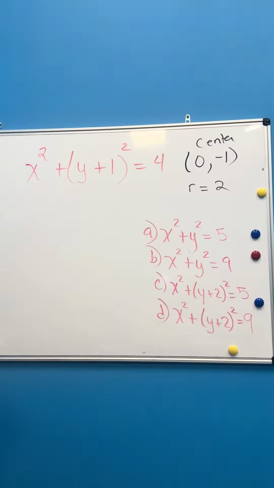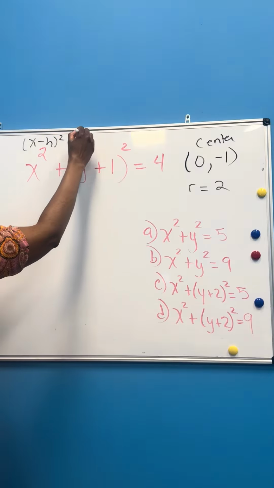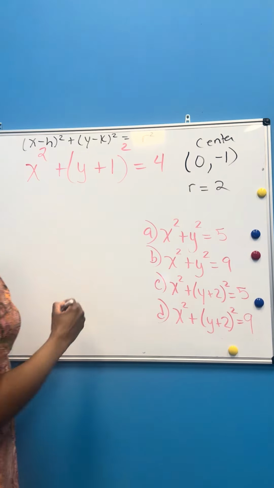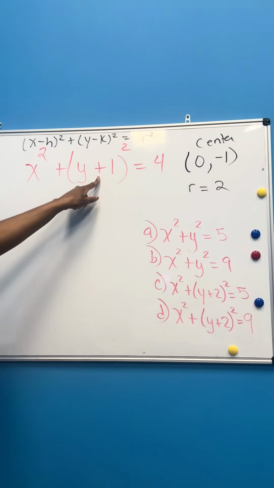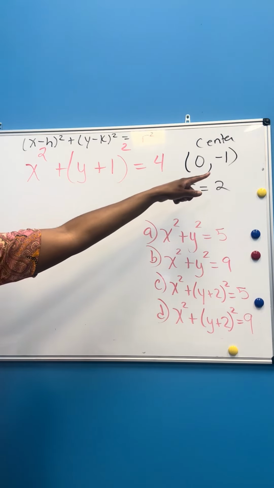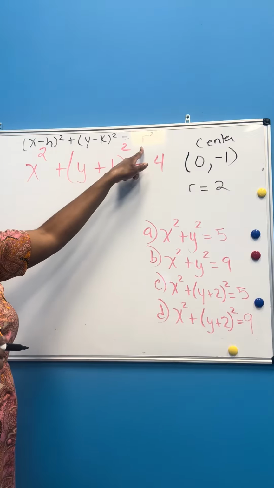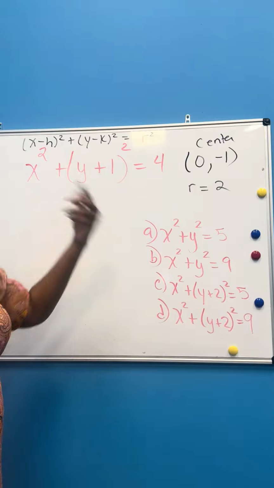That's because the equation for a circle is based on this. H and K are our centers, so if you have a positive, you actually do the opposite and make it negative. And this 4 is the radius to the second power, so the actual radius is 2.